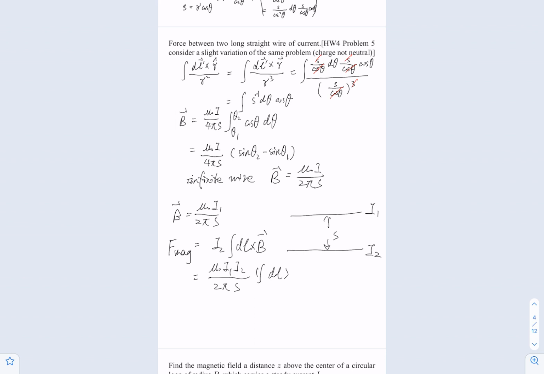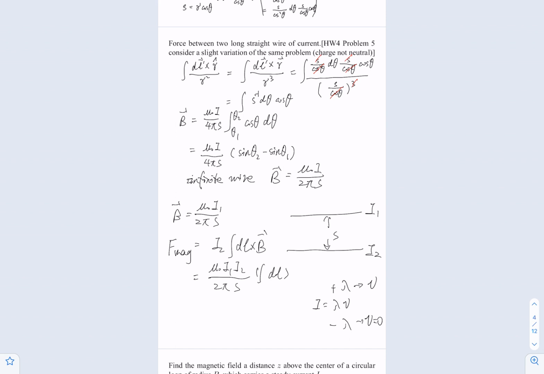A current can be charge neutral. You can think of this current as a line charge of plus lambda moving at velocity v, so the current is lambda v, and there is also a minus lambda charge that's moving at v equals 0.